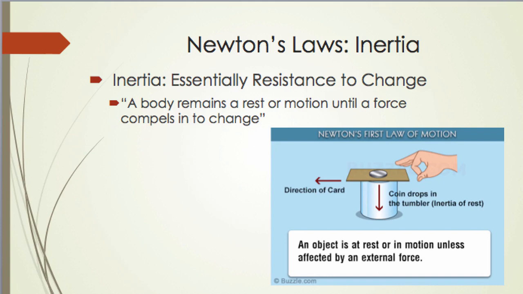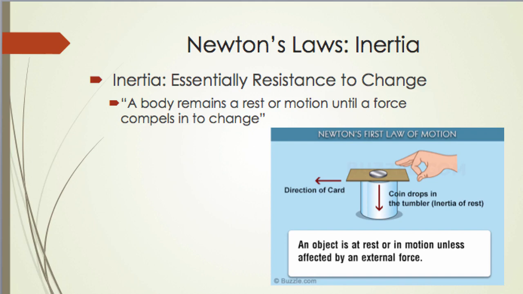So for our example here, you can see the person's about to flick the cardboard box or card out of the way, creating motion of the card through an external force. And then the coin will drop into the tumbler, right? So until something compels these objects to move, they will not move.